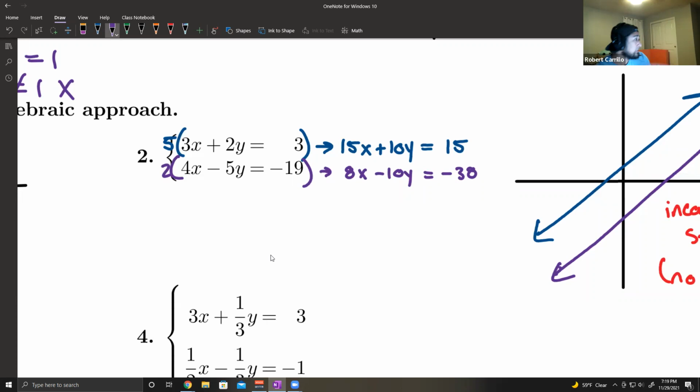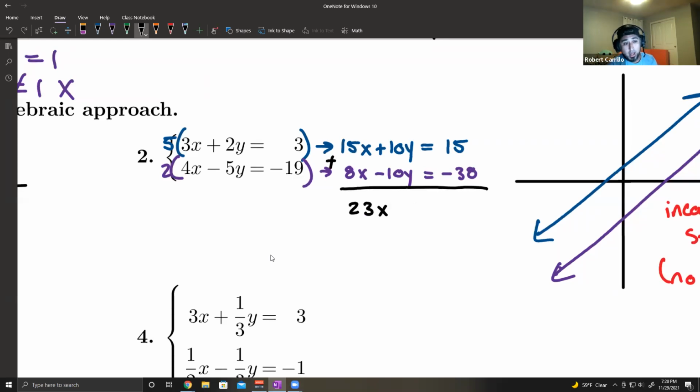All right. And it's very easy to make a mistake on these with all the algebra and the distributing. So make sure to take your time with these. So that's 8x minus 10y equals negative 38, and then 15x plus 10y equals 15. Okay. Now we will add these together, and my 15x plus my 8x gives me 23x.